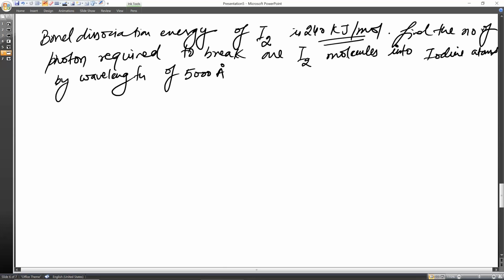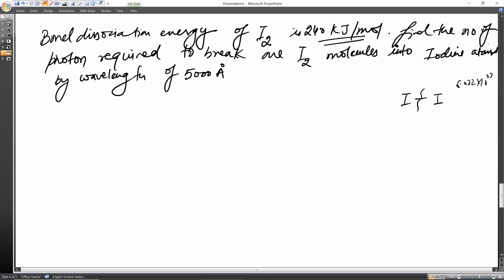What is the question? Bond dissociation energy of iodine molecule. This is the iodine molecule. If we have one mole, one mole means 6.022 into 10 to the power 23 such iodine molecules. So the amount of energy to break all the bonds will be 240 kilojoule per mole.